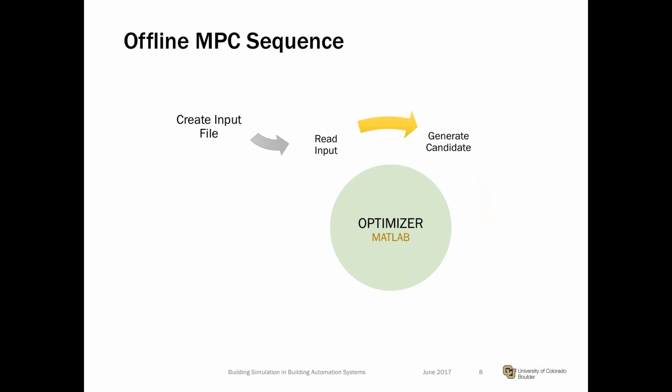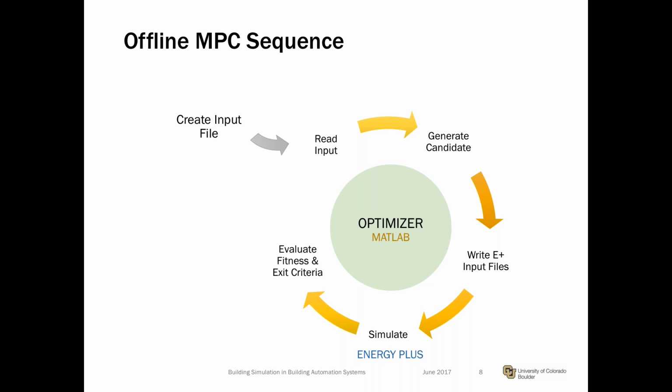Based on those, we create an EnergyPlus input file. That input file is then simulated by EnergyPlus, and we check how good it performs based on some fitness criterion or exit criterion. And if it isn't doing all that well, we have to repeat this until we find a solution, and that solution then is saved and is deployed in the simulated building for this offline scenario.